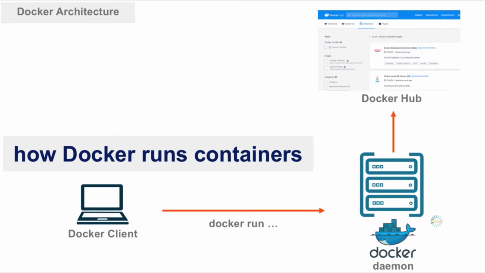The Docker Hub will then respond to the Docker daemon, and the Docker daemon will pass the name of the image. The Docker Hub will then give that copy of the image to the Docker daemon, and the Docker daemon will pull that image to its local disk repository. Once that image is in the local disk repository, that's the only time that the Docker daemon will run the container that the client was requesting.